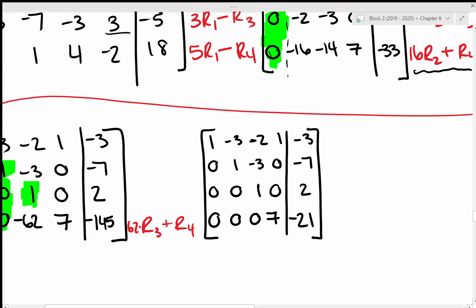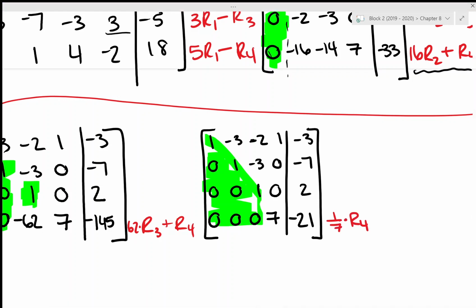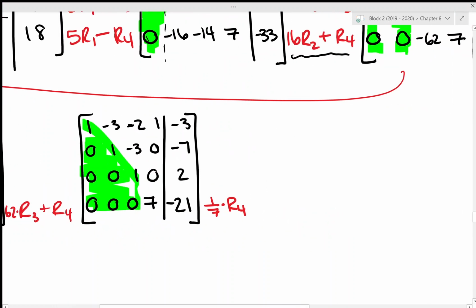So now all I have to do to make all this perfect in row echelon form is multiply row 4 by 1 over 7, because it's the same as dividing by 7. And when I do that, I get my row echelon form.